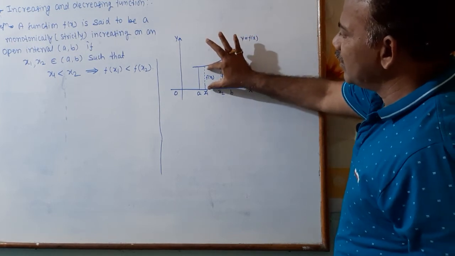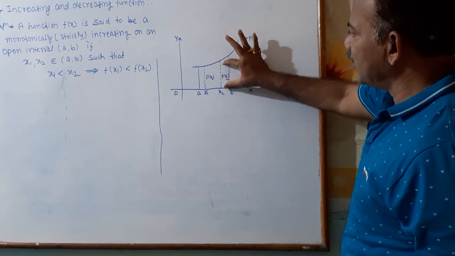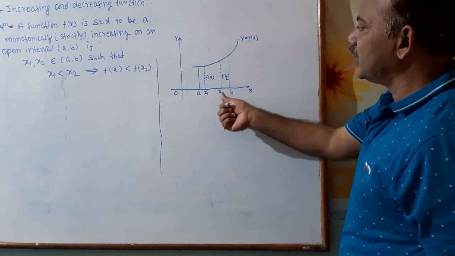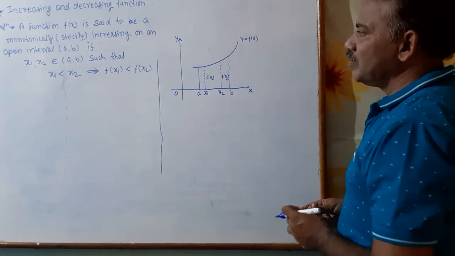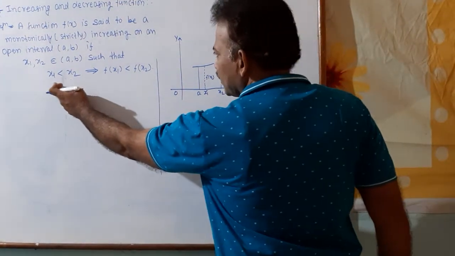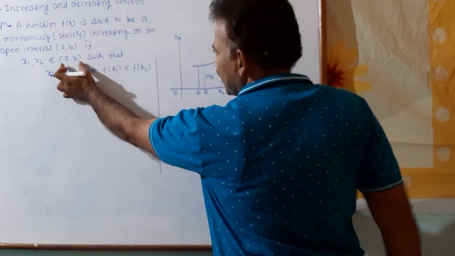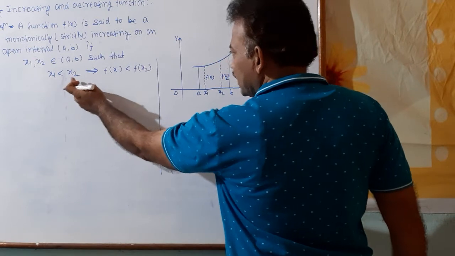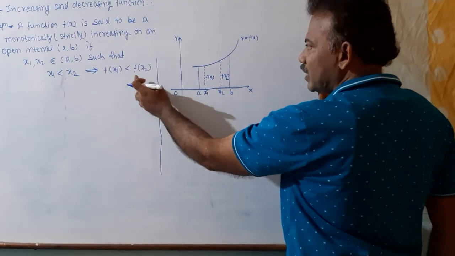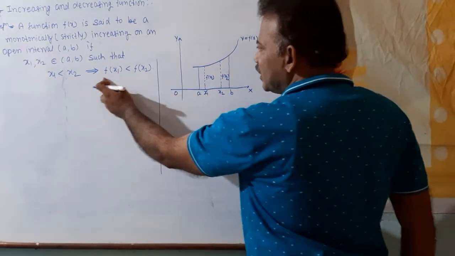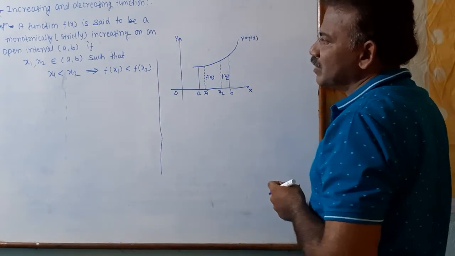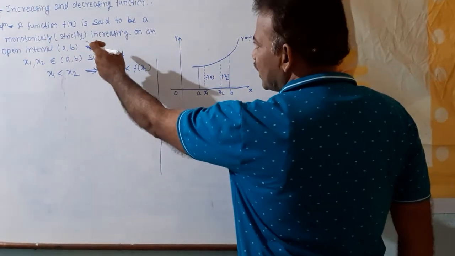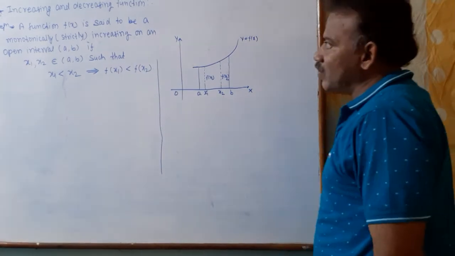So always this length is less than this length, and x1 less than x2 implies f of x1 less than f of x2. If this condition is satisfied, then we can say that function f of x is monotonically or strictly increasing on open interval a comma b.